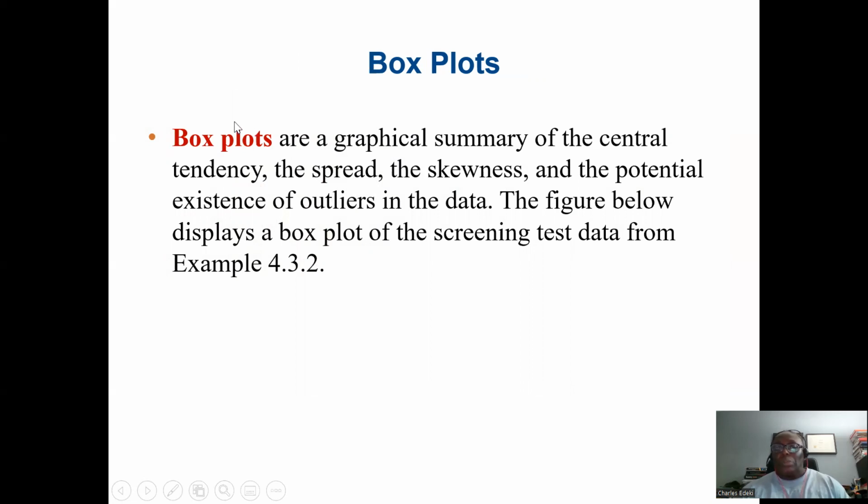When we plot a box plot, we can see the spread of the data set from the center, and also if there's any skewness, we can see it, and the potential existence of outliers. Normally the outliers will be either below Q1 or above Q3.